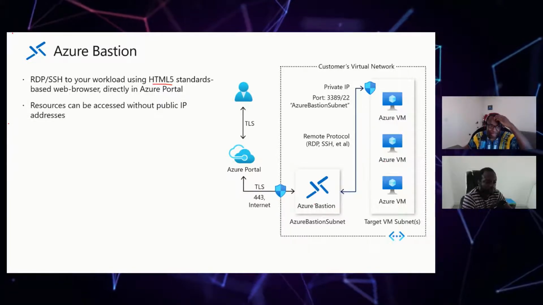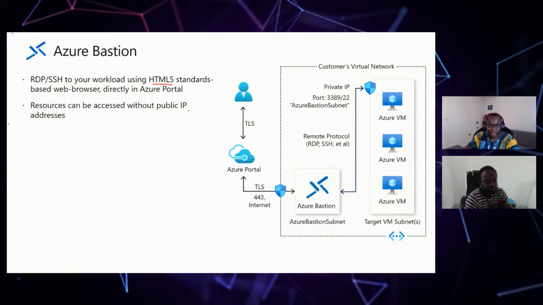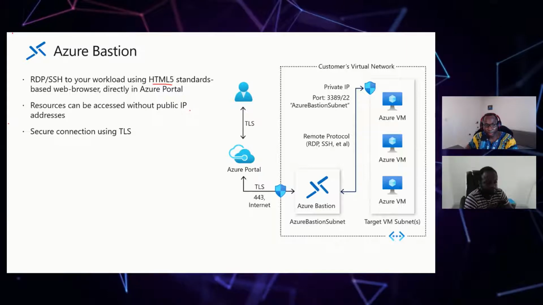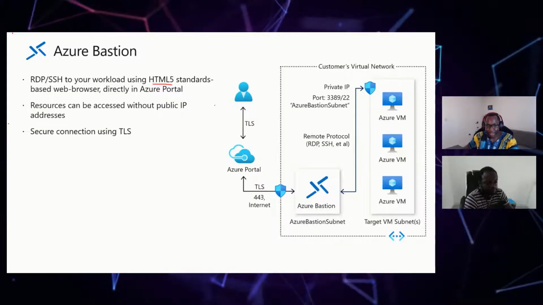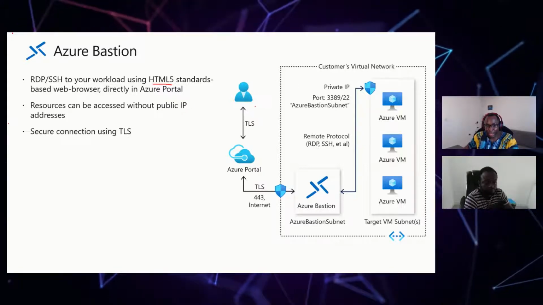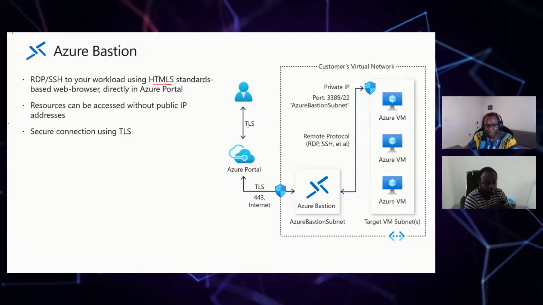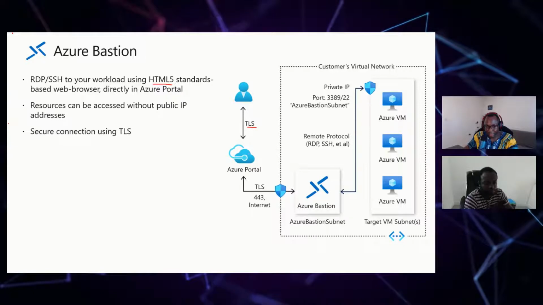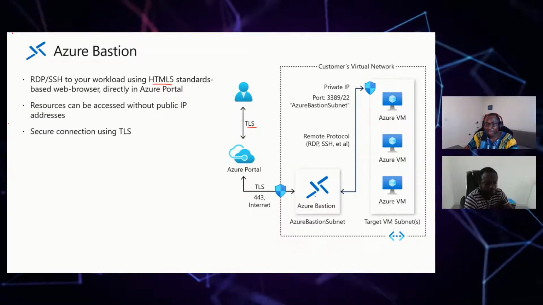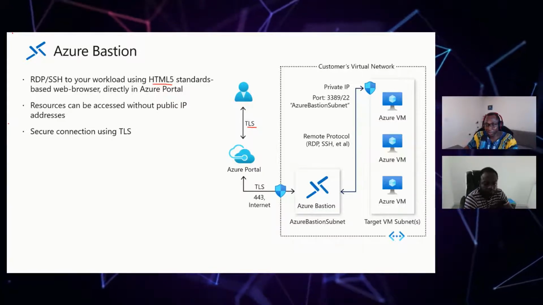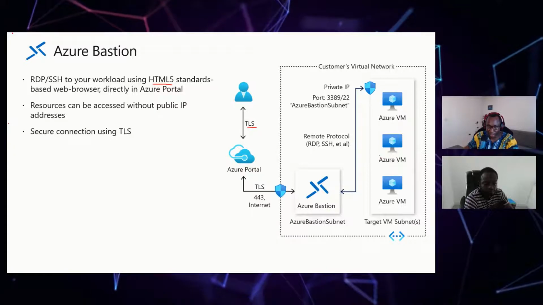Without your instances needing public IP addresses, their management ports can be accessed, and it goes over a TLS connection. As you can see here, the user uses the Azure portal, and their connection to the Azure portal is over HTTPS, which uses TLS, so there'll be the TLS handshake. Then through the Azure portal, they can request, through Azure Bastion, to connect securely to the management ports of your private virtual machine instances.